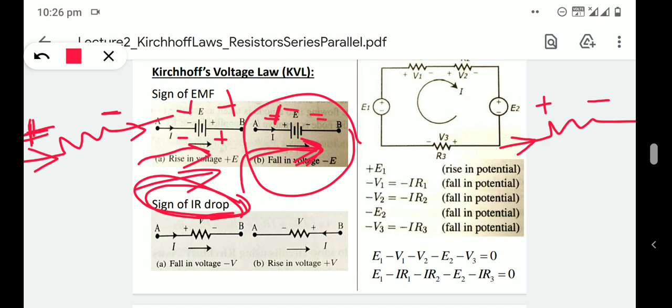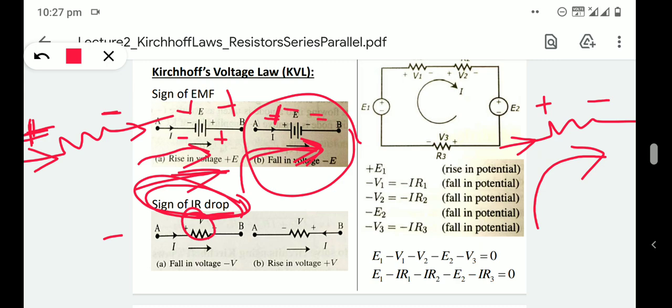Then if this is the plus and this is the minus terminal, and we are analyzing the circuit in this direction, then we are moving from plus to minus. When we are moving from plus to minus, there should be a drop in voltage. So this voltage drop should be taken as negative.